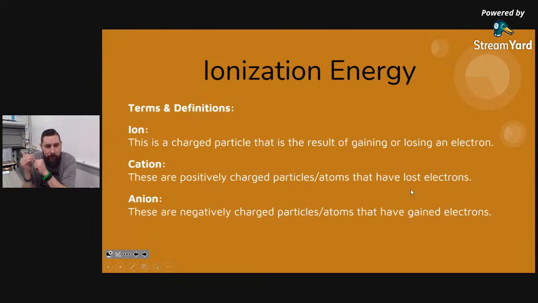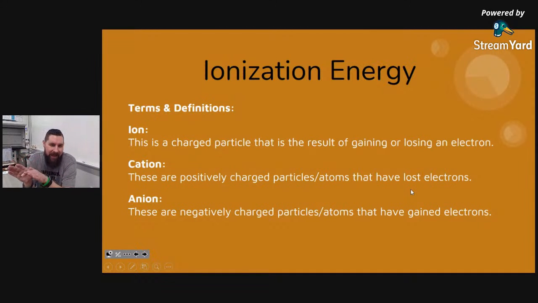Now, a cation is a positively charged particle or atom because you've lost an electron or electrons. And typically you're going to see these as your metals like sodium, lithium, potassium, rubidium, magnesium, calcium, etc. And the amount of positive charge tells you how many electrons were lost. Right? But those are cations.